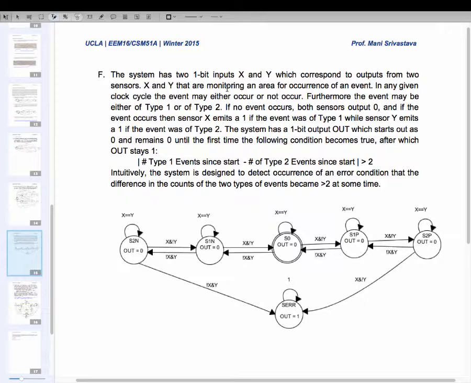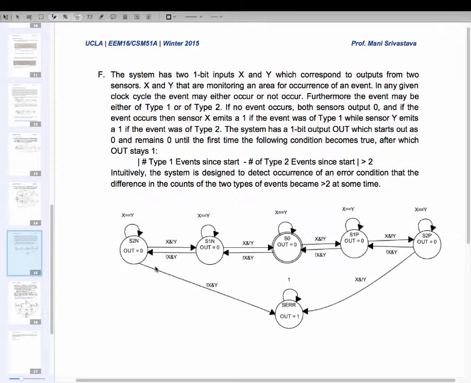The way you can imagine doing it is I start out, nothing has arrived, so I'm in the equality state, and every time a type X event happens, I move to the right, and every time a type Y event happens, I move to the left, except that if I see more than two successive ones from this state, I move on X out here, move on X out here, and now if I again see an X, I basically go to an error state and then stay put there, and likewise on Y.